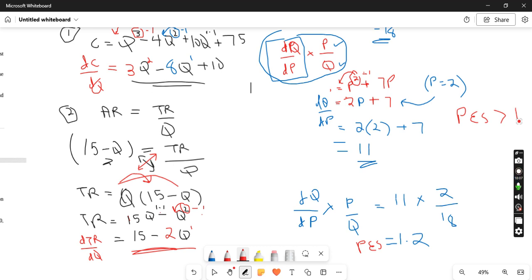Price can drop by 1%, you find supply will drop by 30%, 20%. Because supply responds greatly to changes in price. That's how we interpret this 1.22. If this is greater than 1, it tells us supply for the good is elastic.